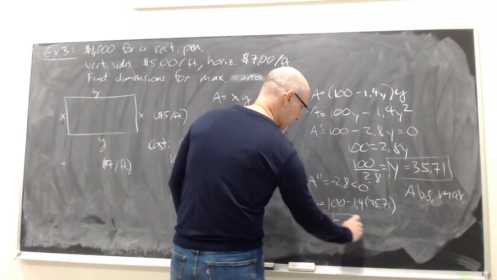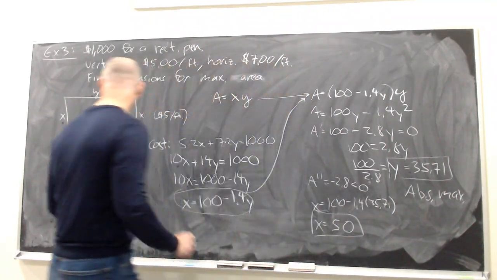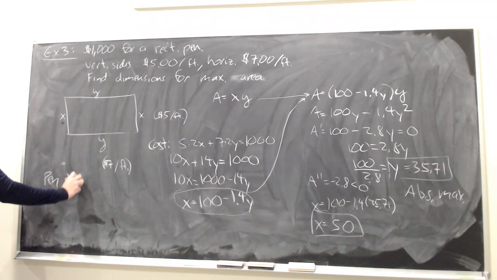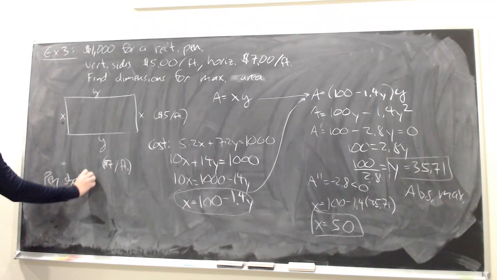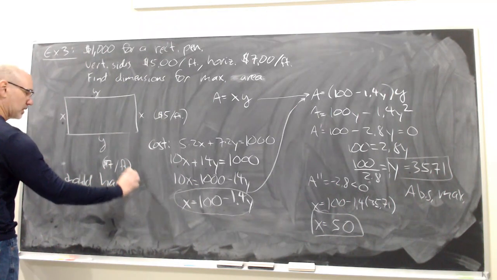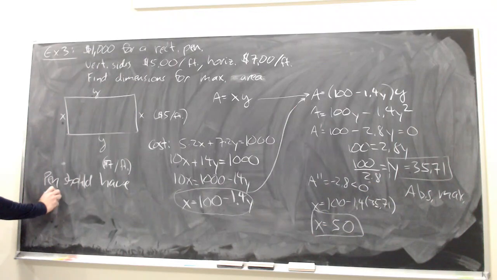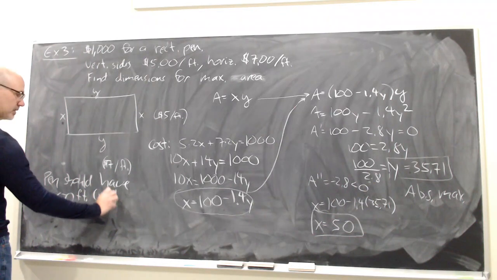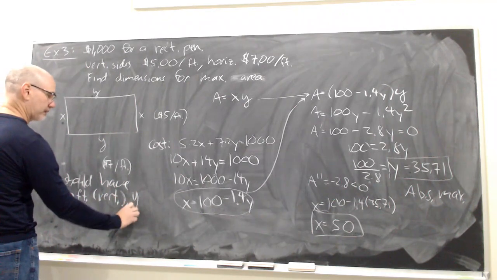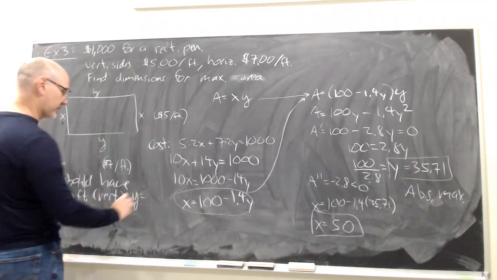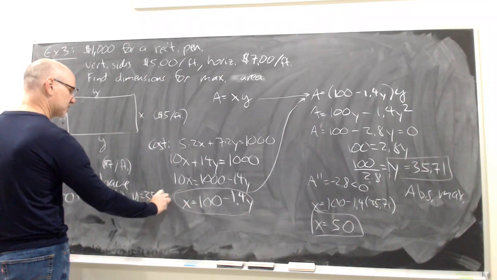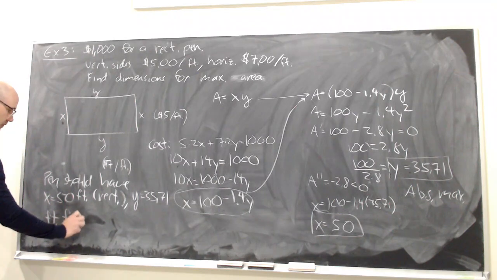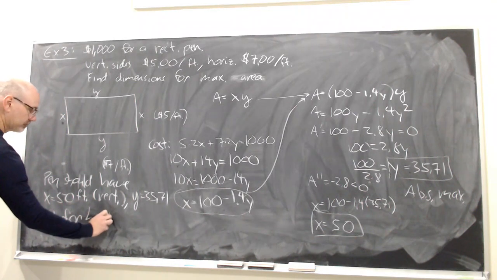So the dimensions, our final answer, would be the pen has x equals 50 feet for the vertical side, and y equals 35.71 feet for the horizontal side.